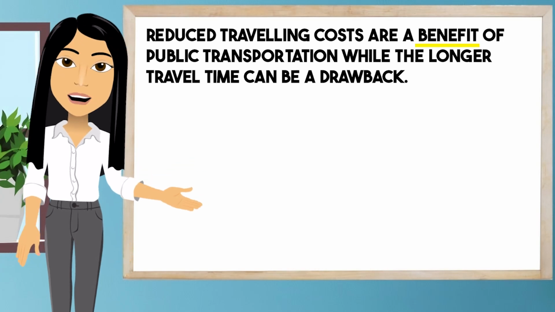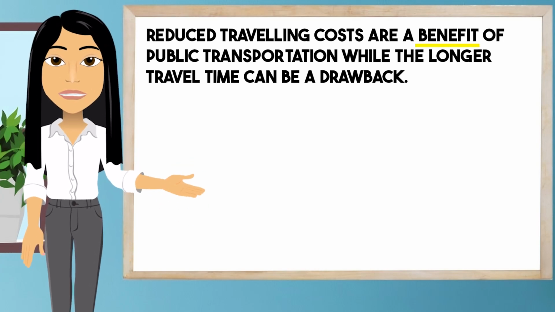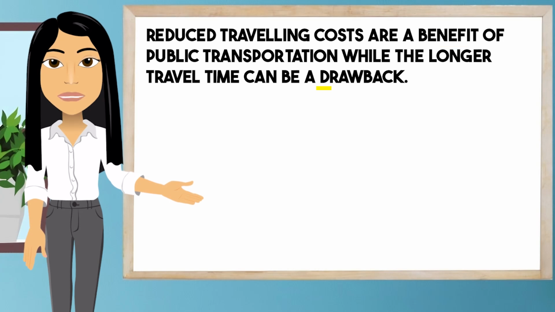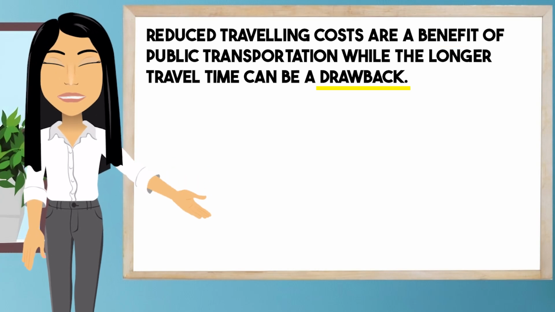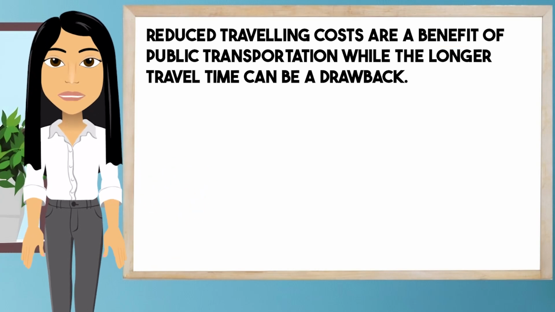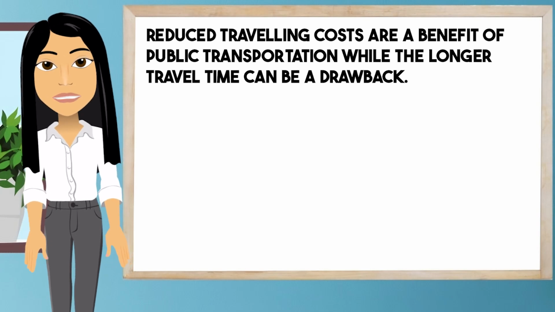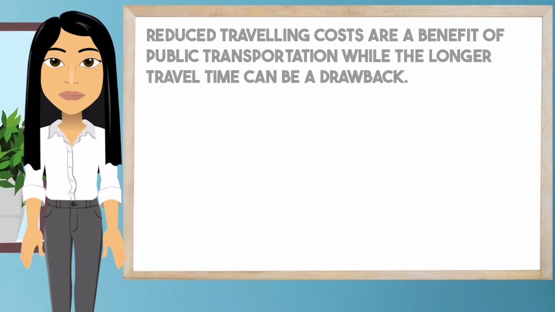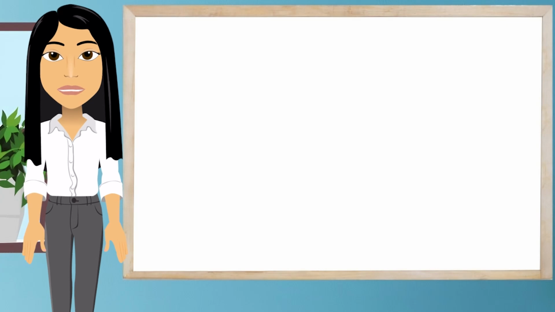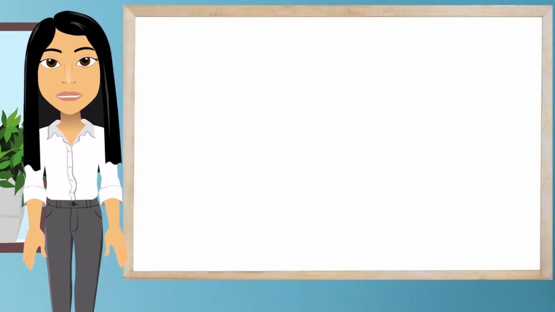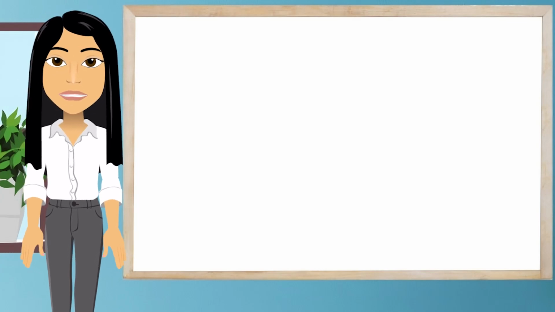There, the word benefit is used to describe the positive side of public transportation, and drawback is used to describe its negative side. That is how you can use different words to express the same argument when discussing advantages and disadvantages. There is no specific order in including those words in a sentence. They can be used in any way you see fit.